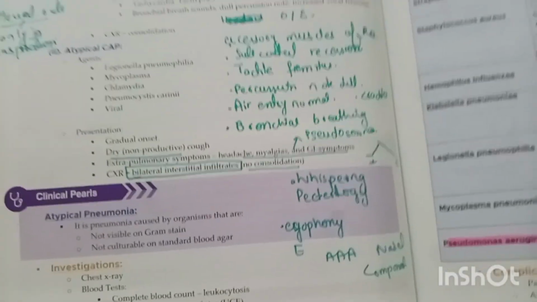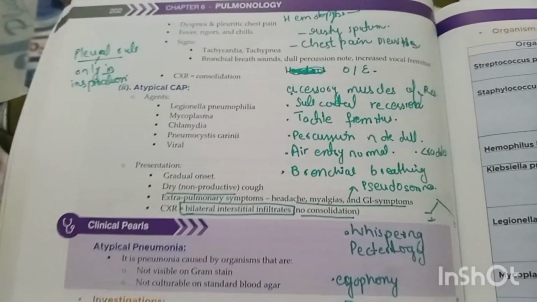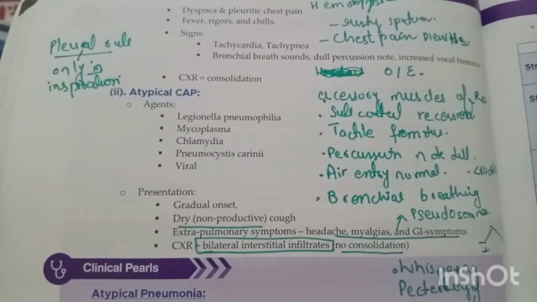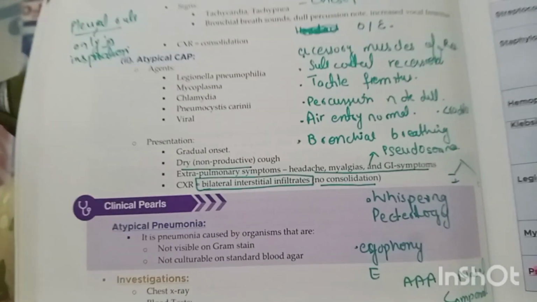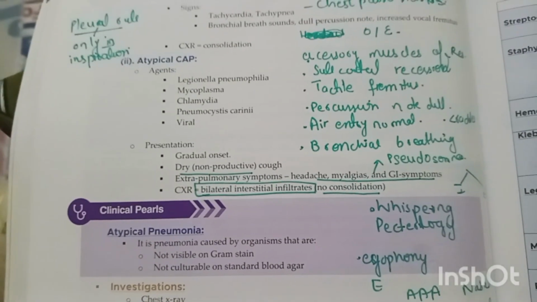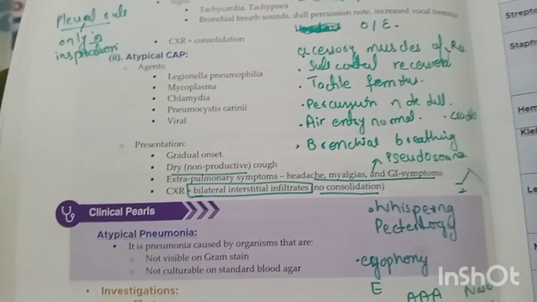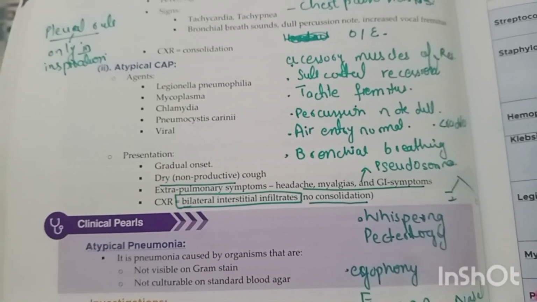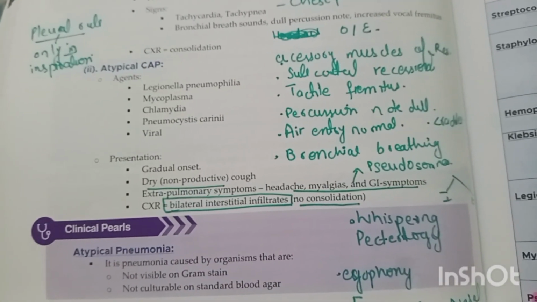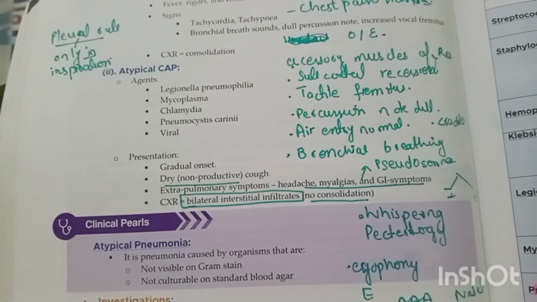So these are the typical signs on examination and typical features. The patient presents with fever, rigors, chills, dyspnea, and pleural rub. On examination, a dull percussion note is there, air entry is normal, the patient is using accessory muscles, you see subcostal recession, you see bronchial breathing. The expiratory phase is prolonged; normally the two phases are equal.